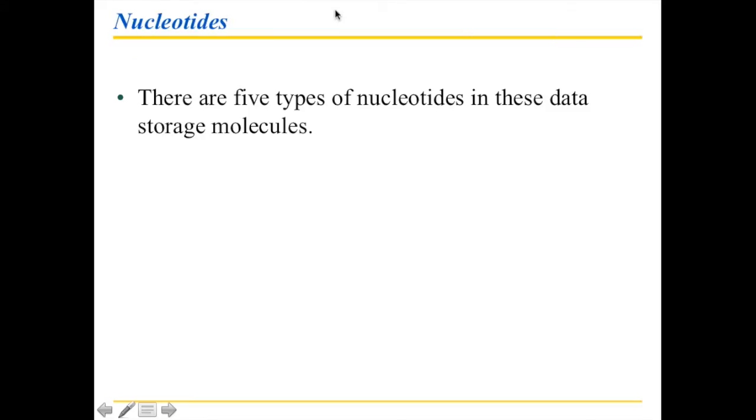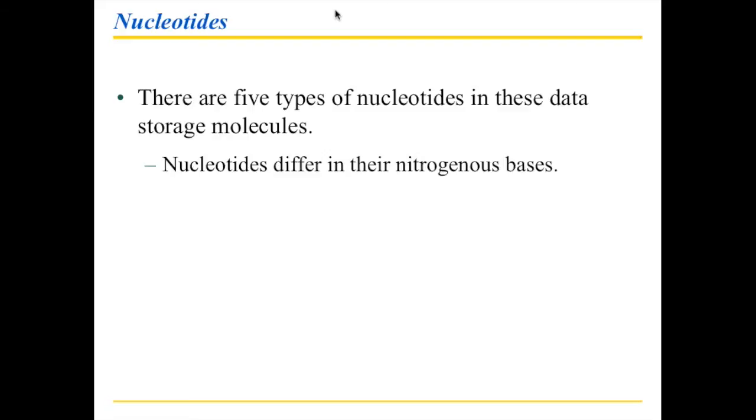When it comes to the nucleotides, there are actually 5 types of nucleotides in these data storage molecules. Now, if you remember, we had 20 different types of amino acids, and then we had a few of the monosaccharides. In this case, we have 5 of these monomers.